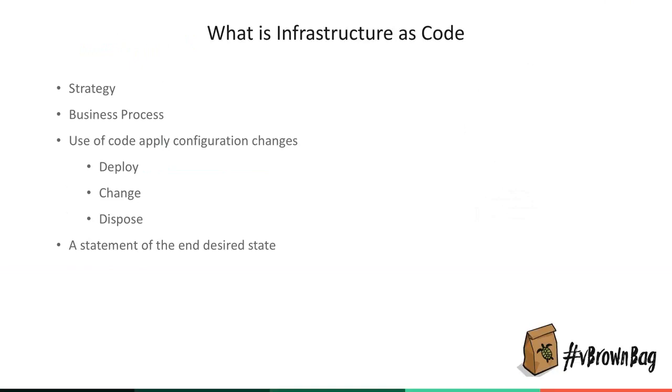It's how you configure things. It could be the actual infrastructure, the networking devices, that sort of thing, or it could be the applications that sit above it and how they consume it when they're deployed. It's very much a business process. It's not just about, hey, let's put everything into code.